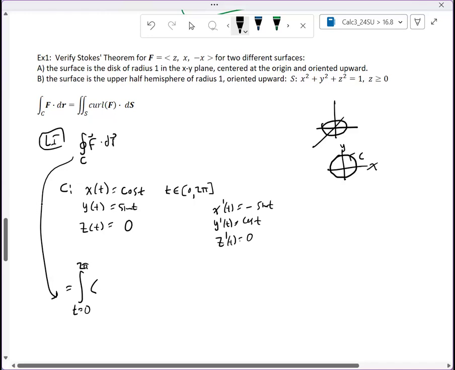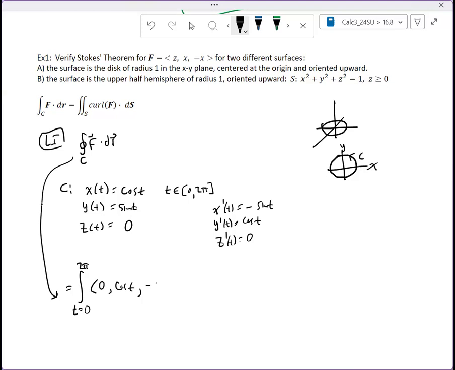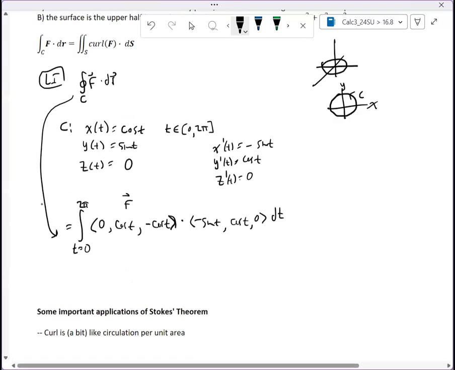So I need z, but z is 0, comma x is cos t, comma negative x, negative cos t. So that's what f is in terms of the parameterization. This is f. And then dot dr, but that's dot r prime dt. Negative sine t, cos t, 0, dt.